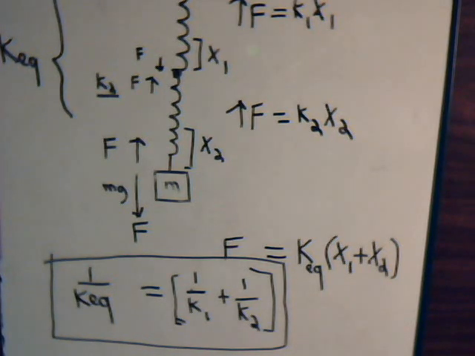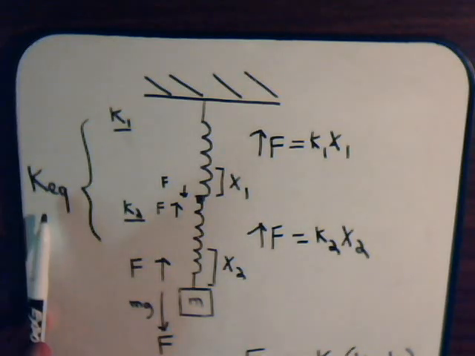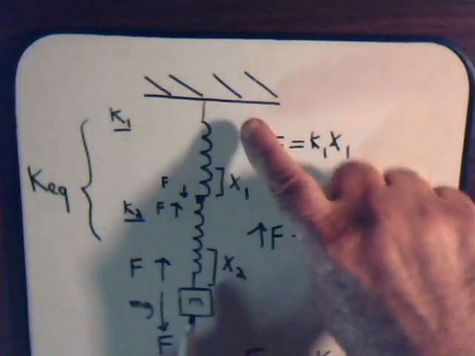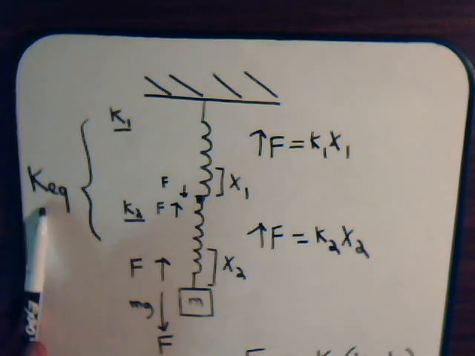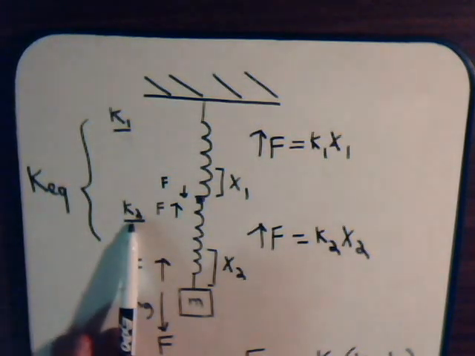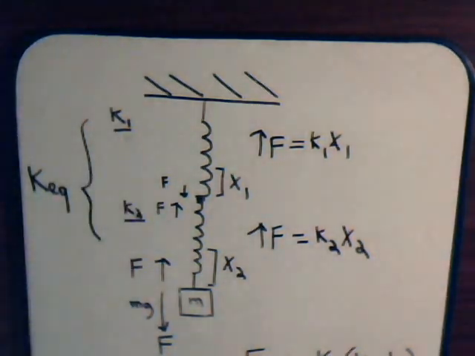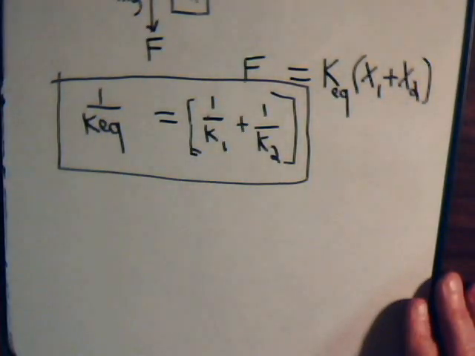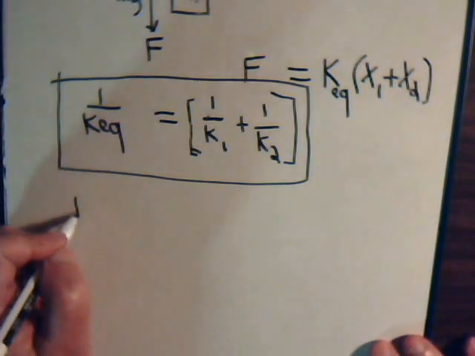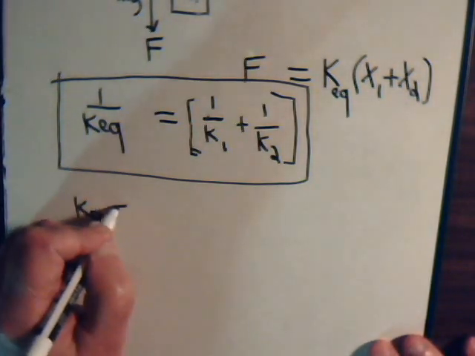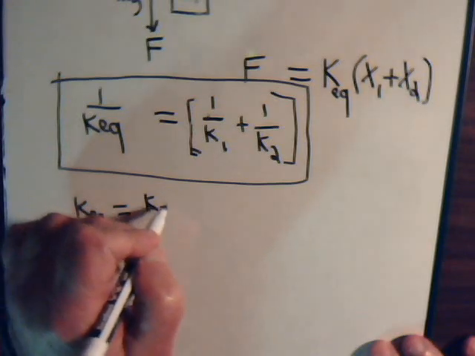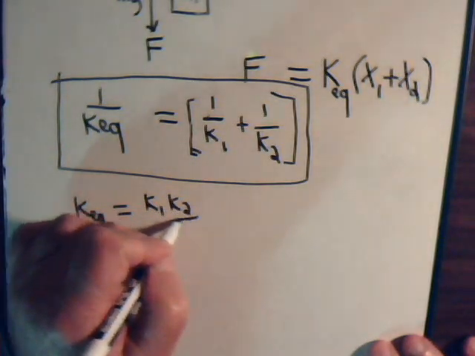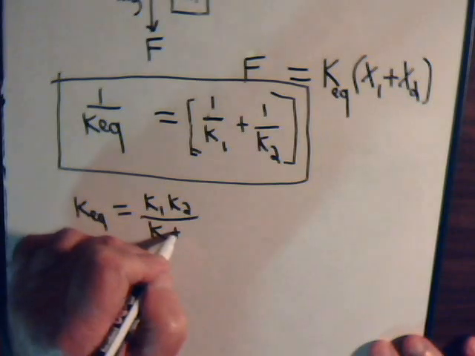And it might not be obvious the way it's written right now, but the spring constant for the entire system, putting both of these springs together, is less than K2, and it's also less than K1. And we can see that just by doing simple algebraic manipulation here. We have K_eq will equal K1 times K2 divided by K1 plus K2.